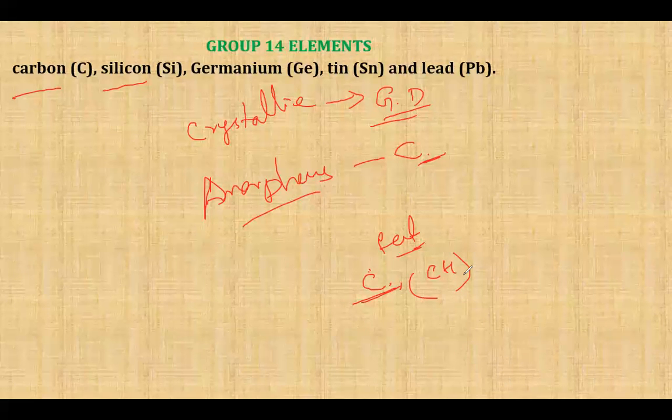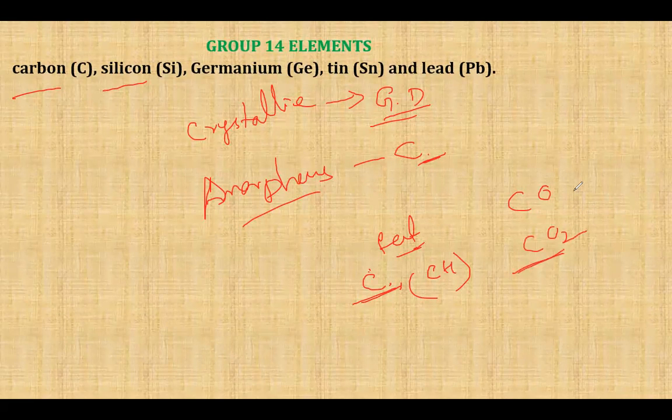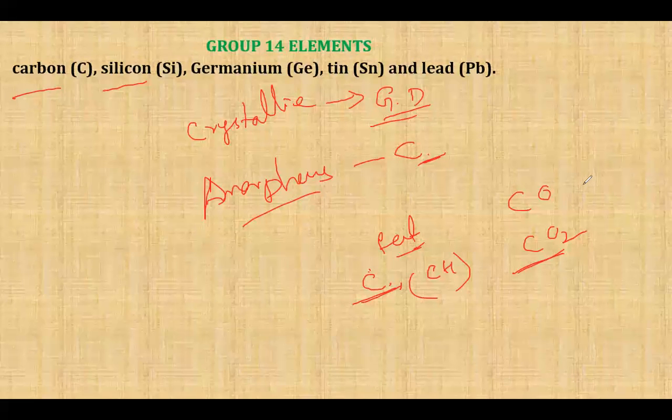In nature it exists as carbon monoxide and carbon dioxide in the atmosphere, CO2 and CO, and it occurs in different carbonate forms.